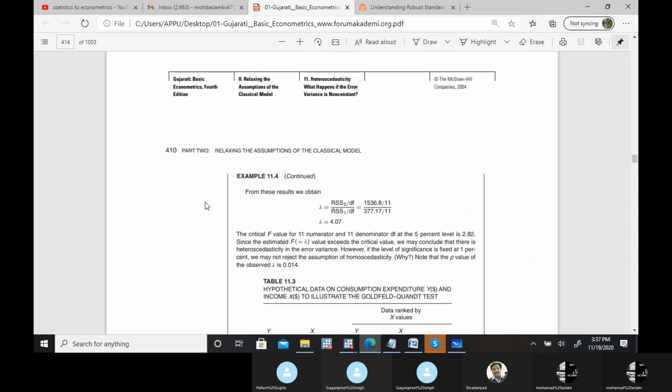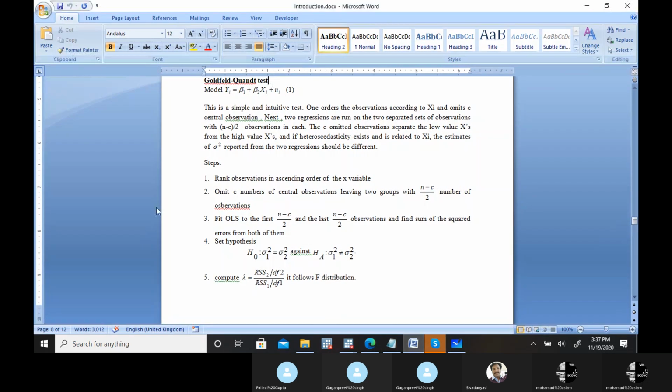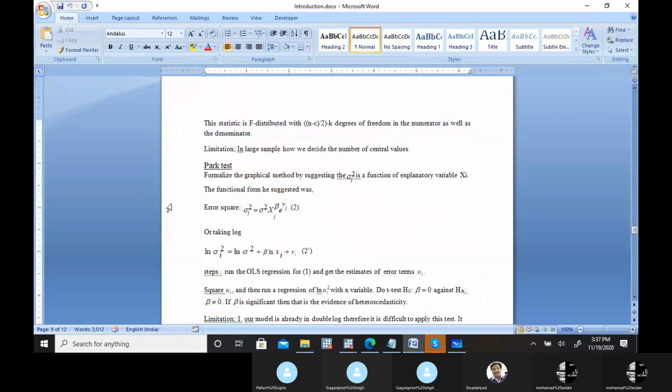It's the Goldfeld-Quandt test. These are the test methods, but I told you the limitations of this method. One, how many central values to omit, and second, according to which x variable we have to arrange the data in ascending order if we have more than one independent variable.